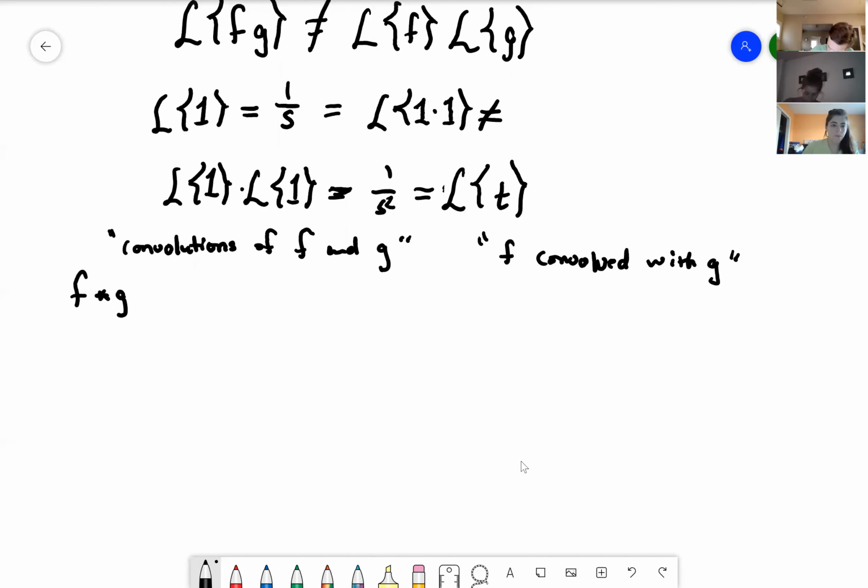Okay, so this operation, this way of combining two functions, let's write it down first, and we'll talk about some things that we can notice about it just by looking at the integral. It's going to be written as the integral from 0 to t of f(t minus tau) g(tau) d tau.